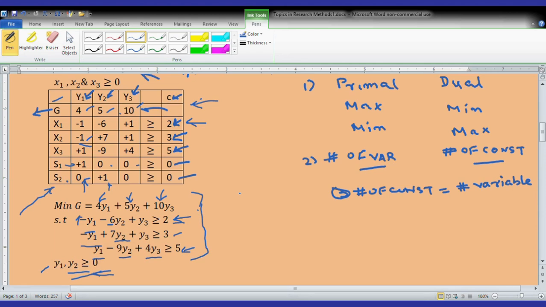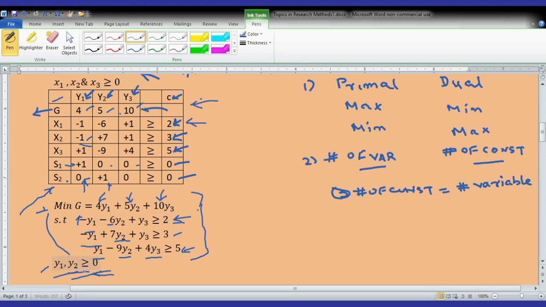So if you assume that this is the actual problem that you have been given, minimize G subject to these constraints, and you are asked to convert this minimization problem into its dual. So see how many constraints you have. You have 3 plus these two constraints, 5.